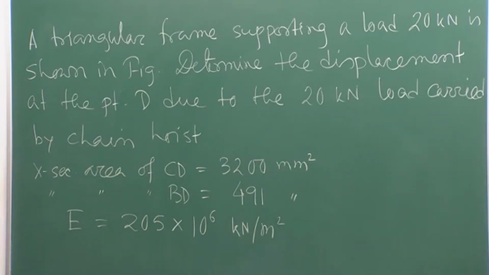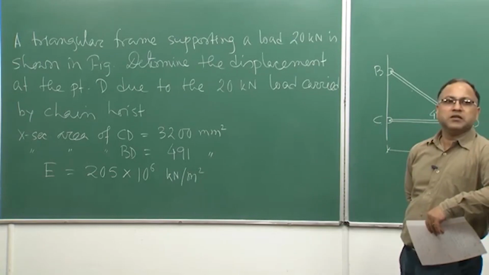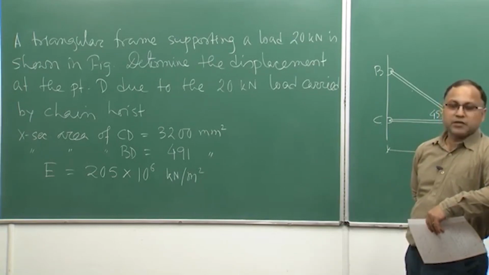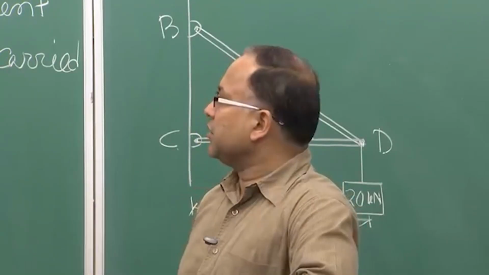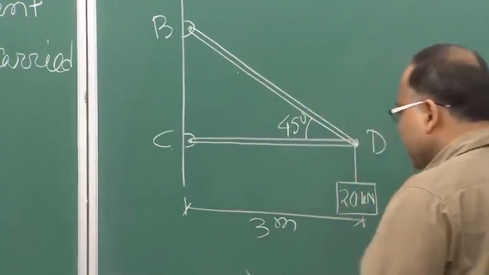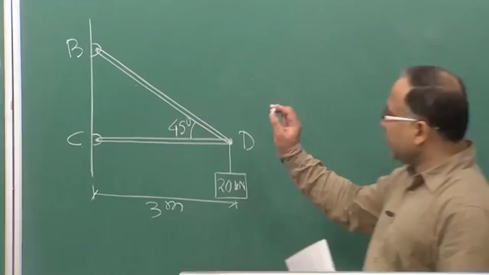So, before going to find out the geometric compatibility and all, what is your first step? First step is to study the forces, right, by satisfying the equilibrium conditions. So, let us draw the free body diagram of this frame.